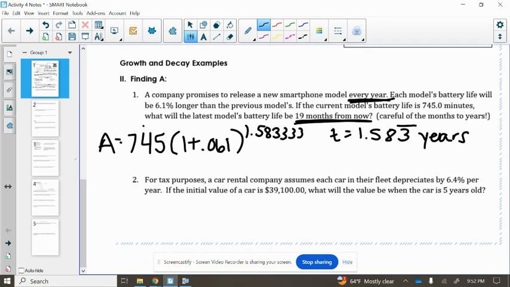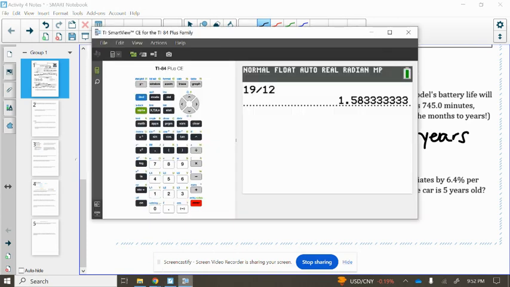Now, reminder when it comes to writing this in, they will give us our value as a percent. When we plug this in as an R value, we have to move our decimal point back. So that's why our R value becomes 0.061. So just a side note for that. Now, our next piece then is just type this in the calculator.